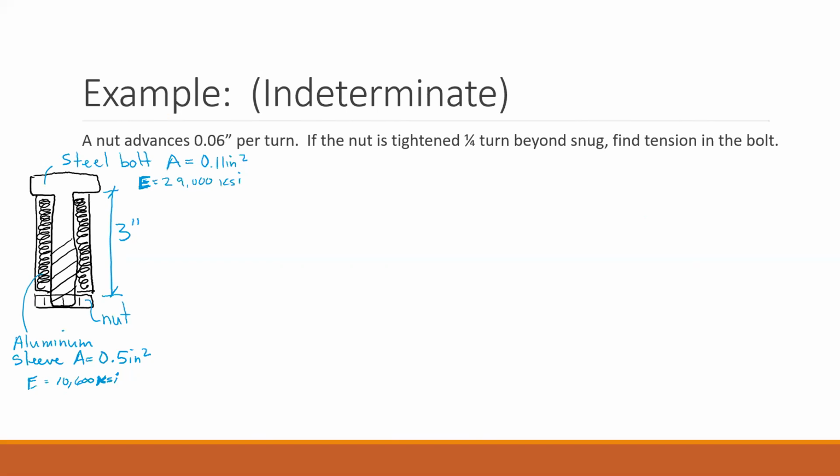And that extra quarter of a turn, well, see, for each full turn, did I put it on there? No, I didn't put the relevant information about the threads on there.